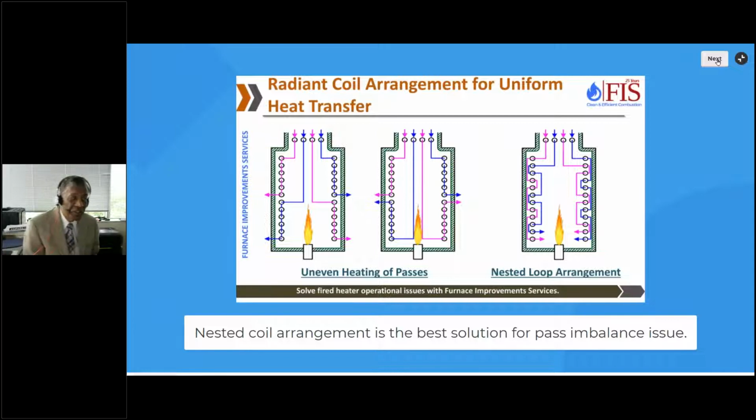So the two passes travel together. If you can see in the third over here, basically the passes are traveling together, and that kind of ensures uniform heating of passes, that all the four passes will be uniformly heated. So that is one way of solving a non-uniform heating or pass imbalance, to reconfigure the coil like this design.